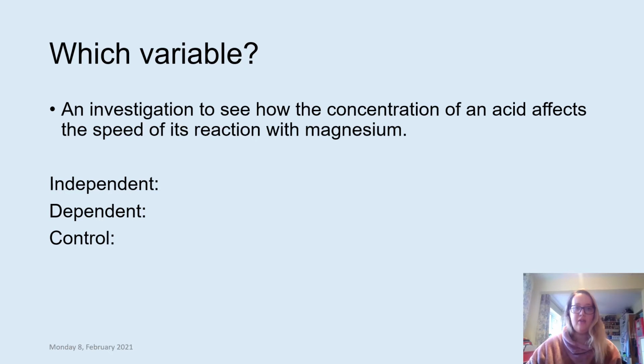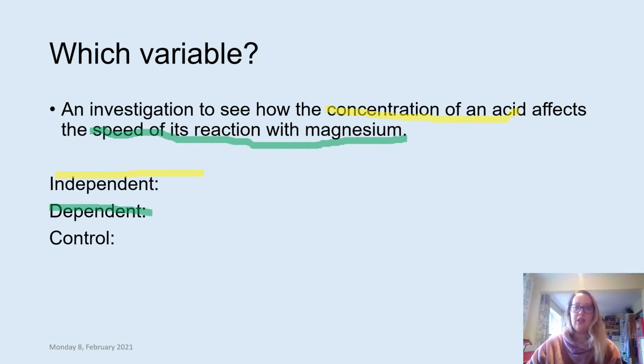Okay, so here we've got an investigation to see how the concentration of an acid affects the speed of its reaction with magnesium. The one we're measuring, which is the dependent variable, is the speed of its reaction with magnesium. And then the independent one is the concentration of acid.